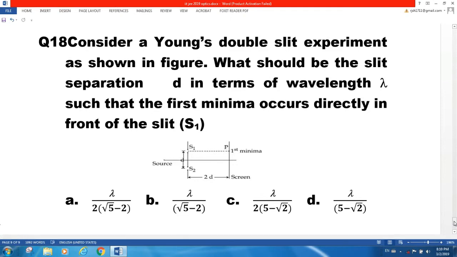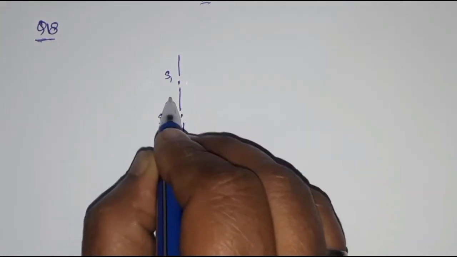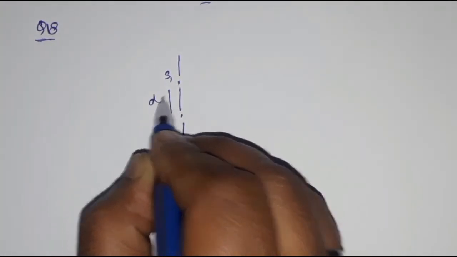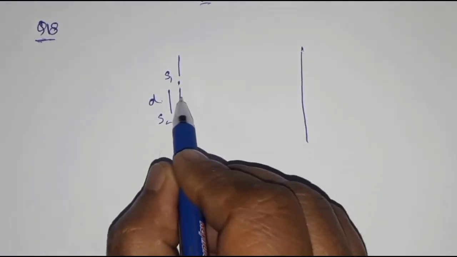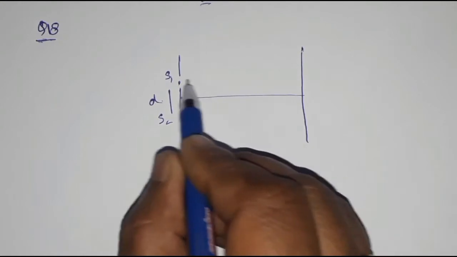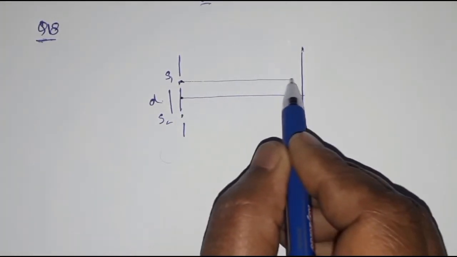18th. Consider a Young's double-slit experiment as shown in the figure. What should be the slit separation in terms of wavelength lambda such that the first minima occurs directly in front of the slit S1. This is S1, this is S2, this distance is D, and it is said that the first minima is obtained directly opposite this.